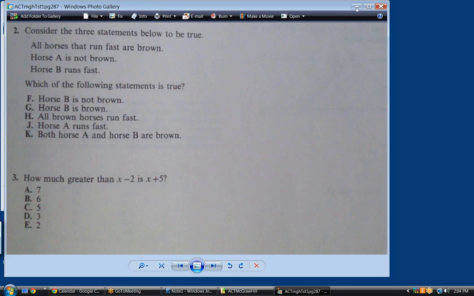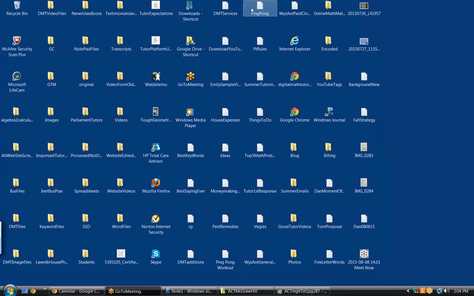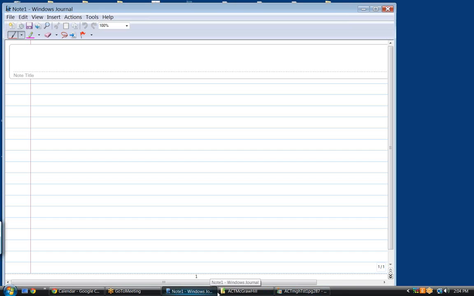to be brown. Okay. This is your basic geometry problem when they're talking about proofs.